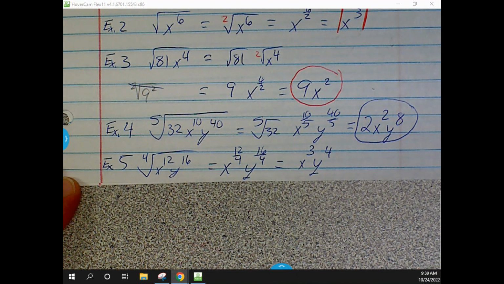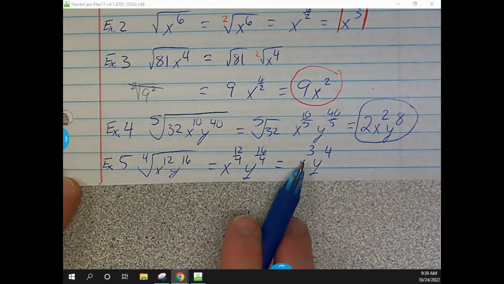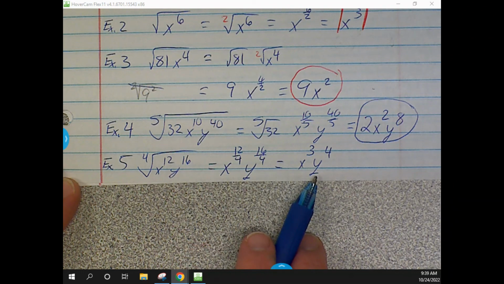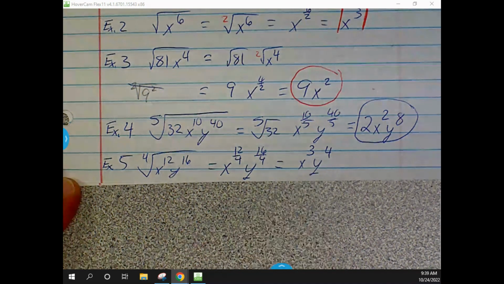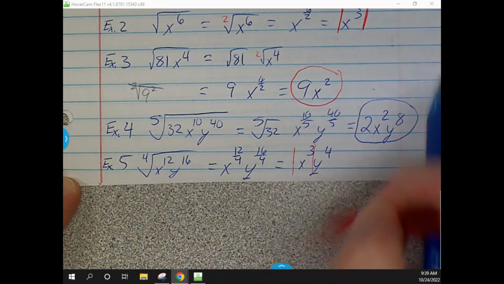Okay. And if that's your answer, Math Excel is going to count that wrong because you started with an even index, right? This one has an odd power, which means if you plug in a negative number here, this would give you a negative answer. If you plug in a negative number here, it's going to be a positive answer. So this part of it's okay. So then technically, we've got to put absolute values around just the x to the third part.